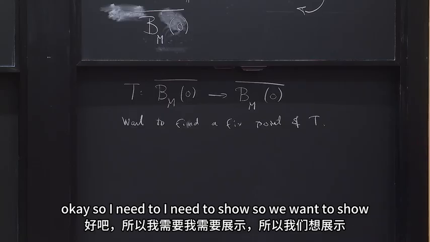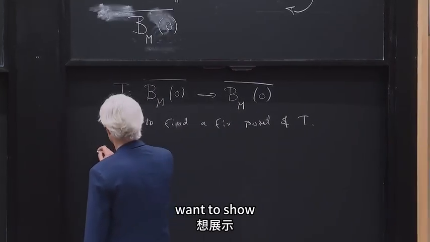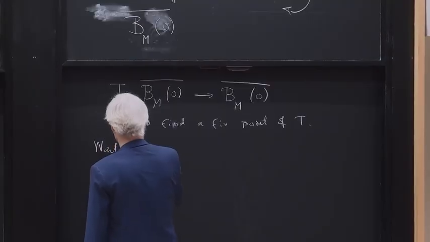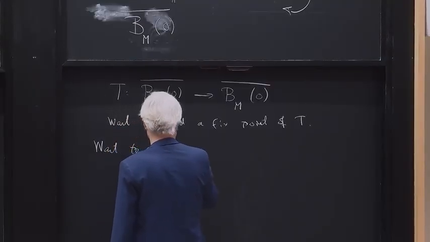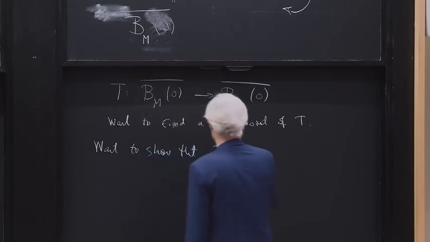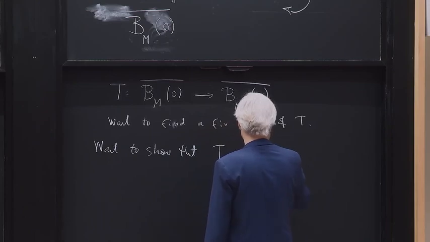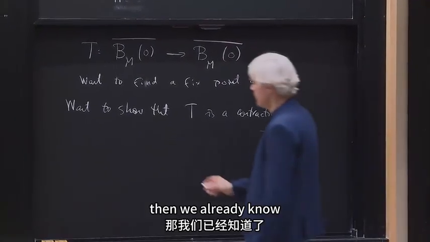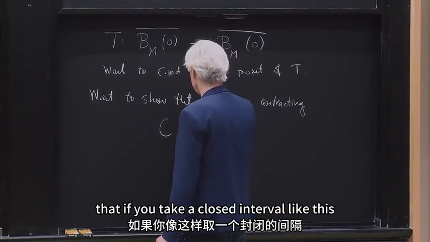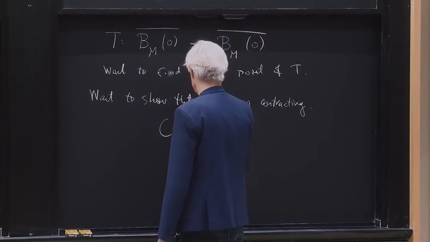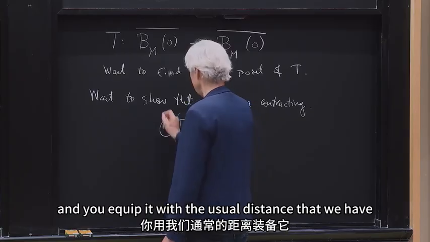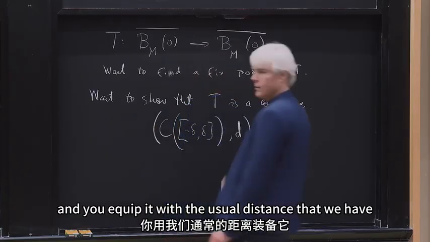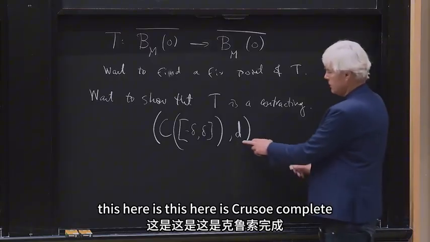Okay, so we want to show that T is a contracting map. Right? Because if it is a contracting map, then we already know that if you take a closed interval like this and you equip it with the usual distance that we have, this here is Cauchy complete.